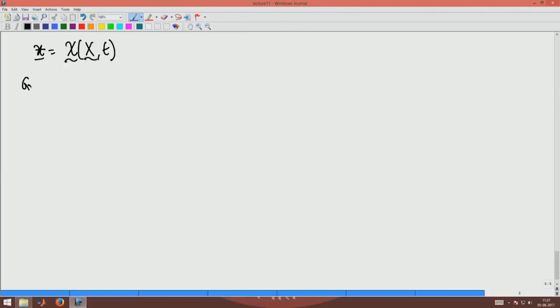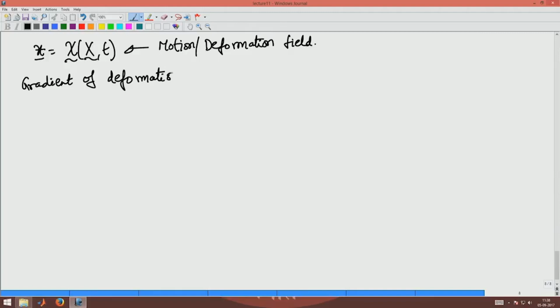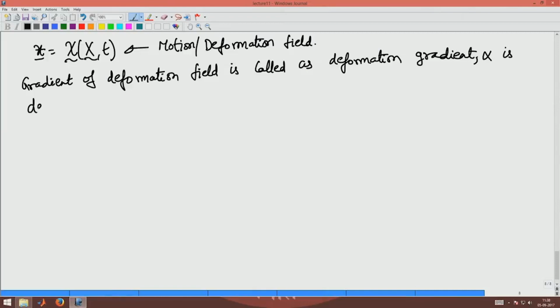Now, the gradient of this motion or deformation field, as we saw when we looked at displacements, is called the deformation gradient, and is denoted by the symbol F.